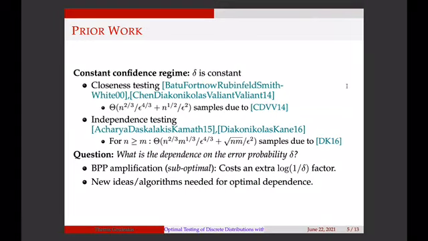For closeness testing, the state of the art, the upper and lower bound, is theta of n to the 2/3 over epsilon to the 4/3 plus square root of n over epsilon squared samples, and this is due to Chan, Diakonikolas, Valiant, and Valiant. For independence testing, the bound is n to the 2/3 times m to the 1/3 over epsilon to the 4/3, plus square root of n times m over epsilon squared, and this bound is due to Diakonikolas and Kane. As I said, this is for constant error probability delta.